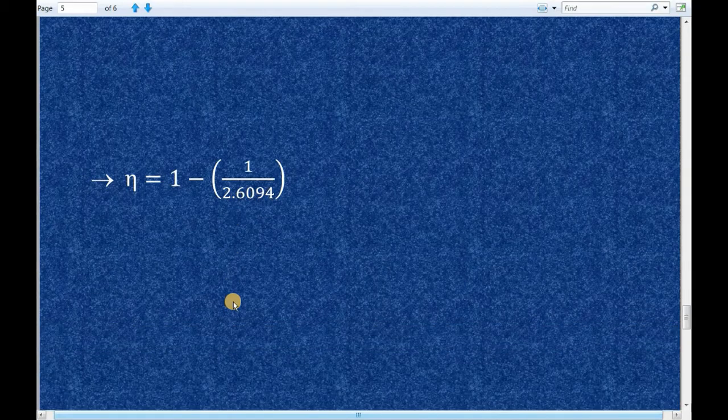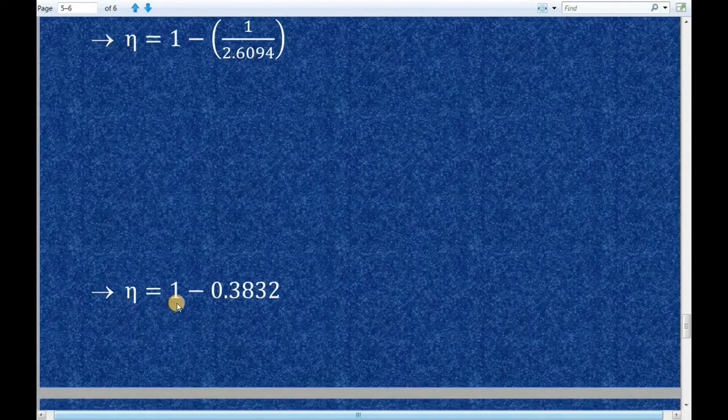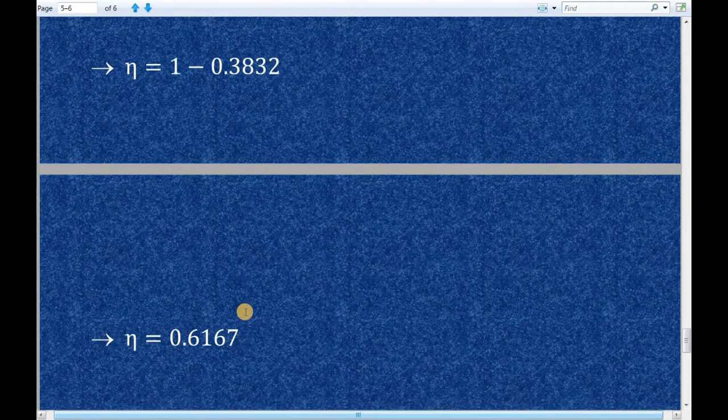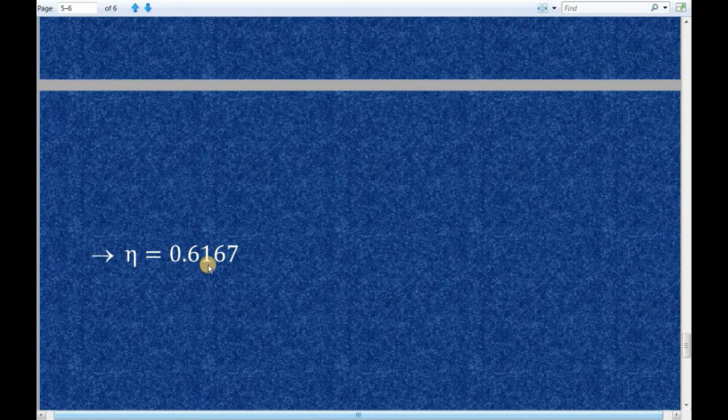Here 1 divided by 2.6094 is 0.3832. So eta is equal to 1 minus 0.3832. In this RHS, 1 minus 0.3832 is 0.6167. So eta is equal to 0.6167. This is the air standard efficiency value of this engine.